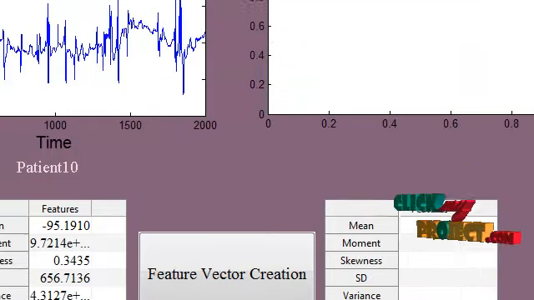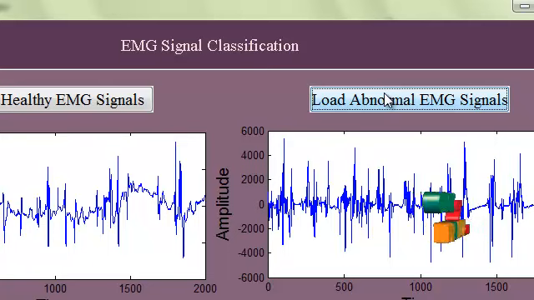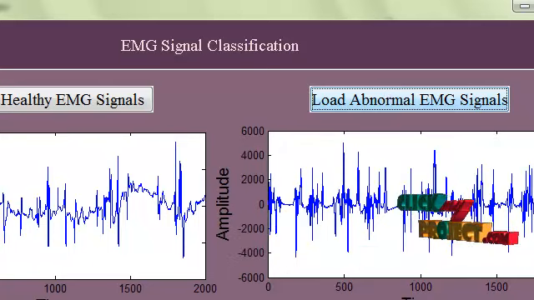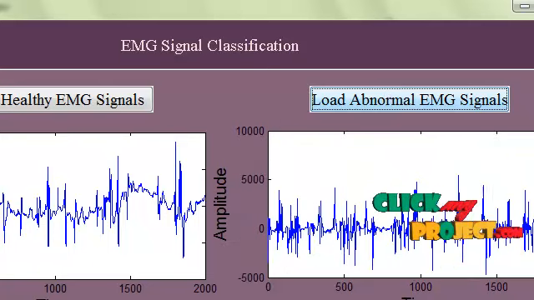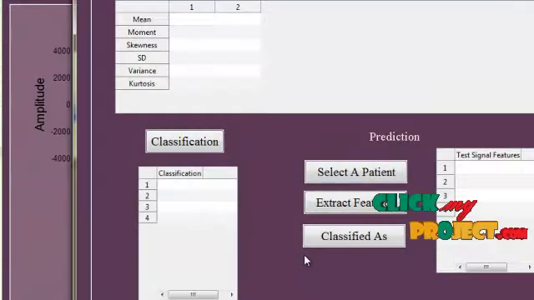And this is an abnormal patient EMG signal, that is a Parkinson's disease affected person, and for that also the features will be computed. After that, we will be creating a feature vector by concatenating all the 20 patients.